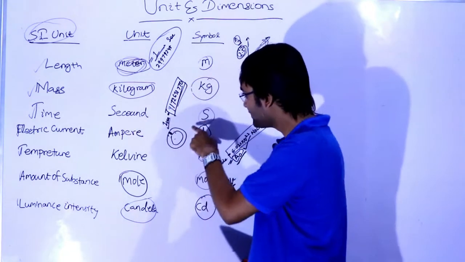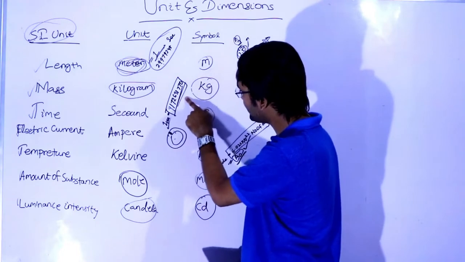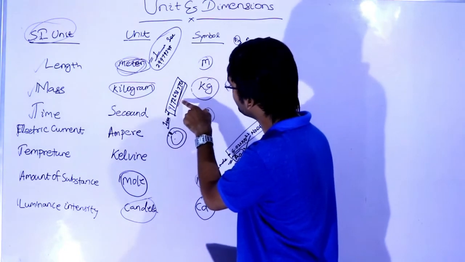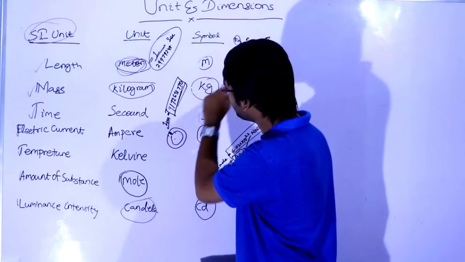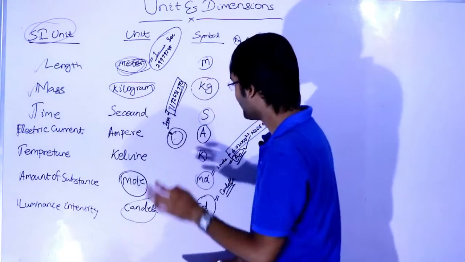The time required to complete this number of oscillations, that is 9,192,631,770. Oh wow. Who fixed that? I don't know. Oh God.